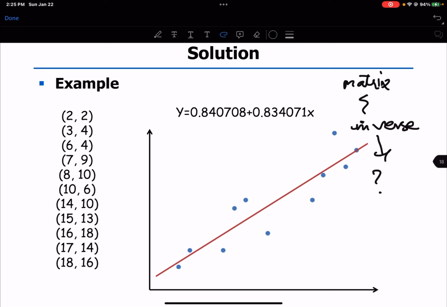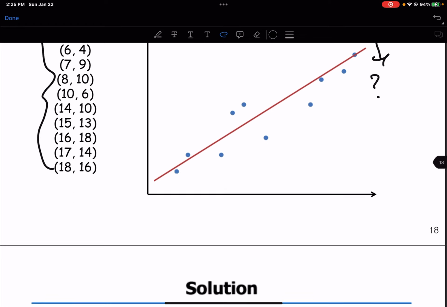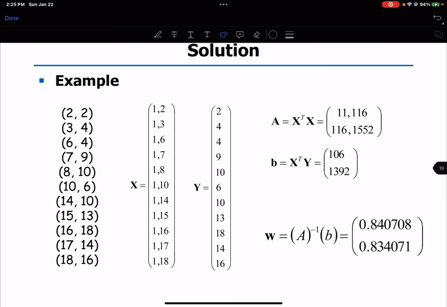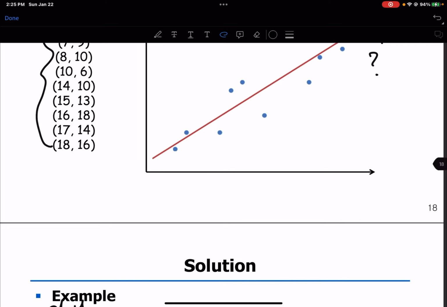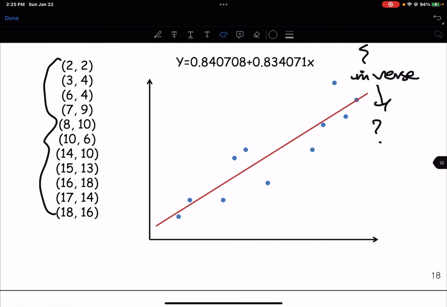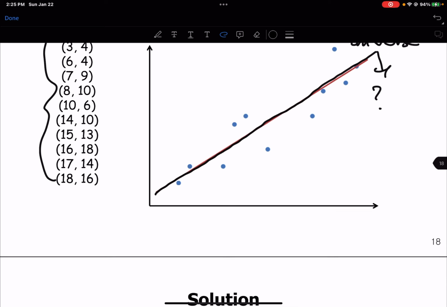So now, using these data points, this is your value of X and this is the value of Y. This is the scatter plot as it is represented over here, and this is f of x, which is your regression line.